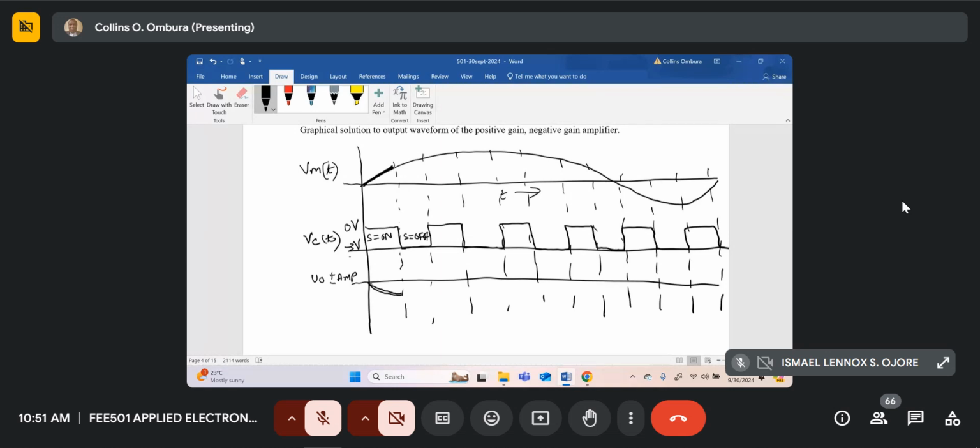And then the next interval, S is off, you multiply by +1. Next interval, S is on, -1.